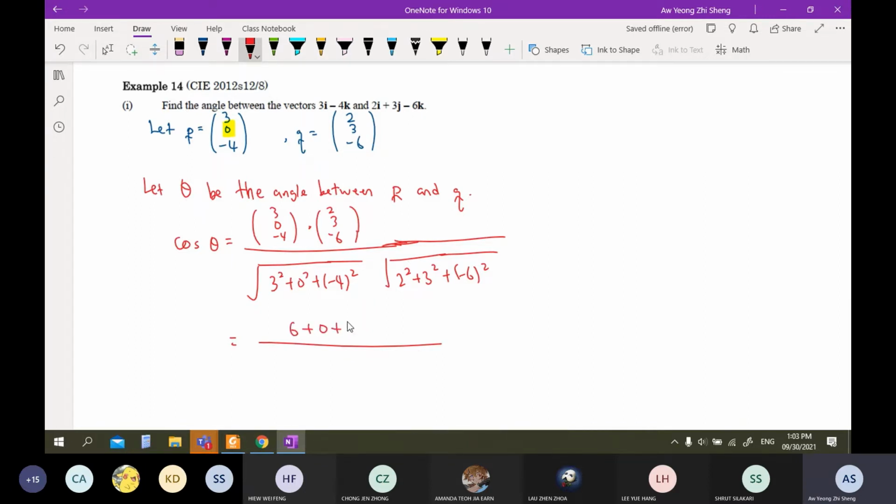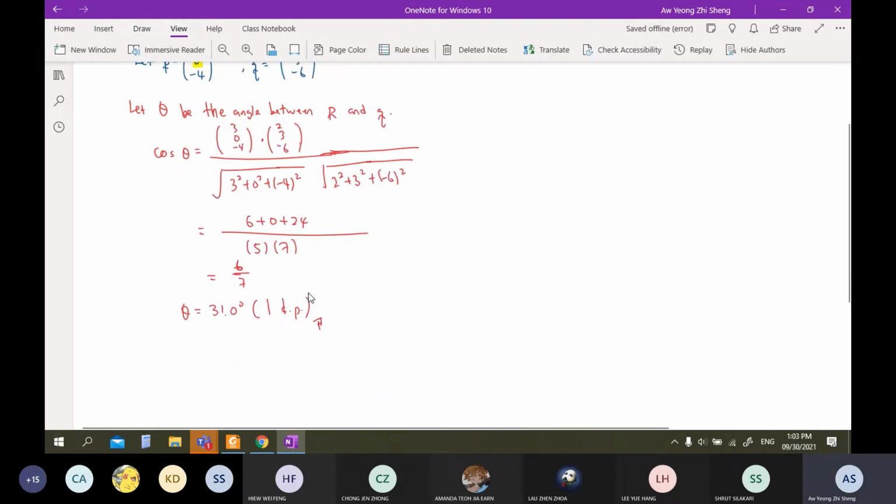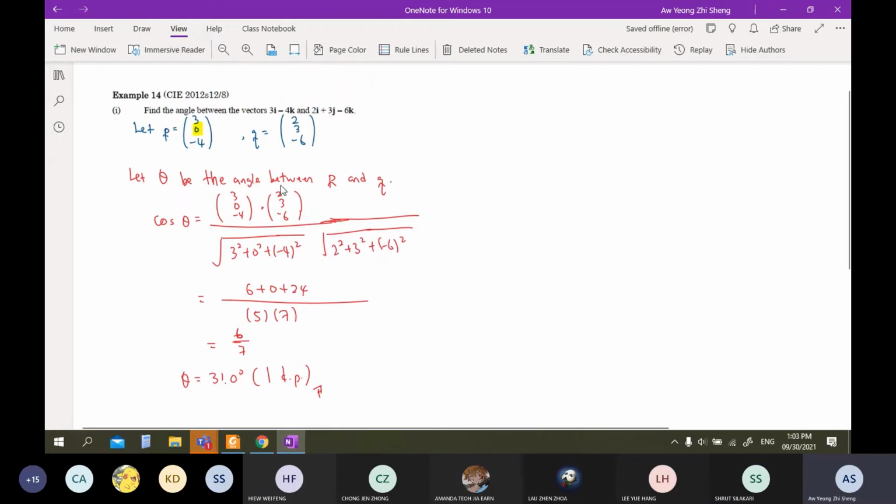You have 6 plus 0 plus 24. At the bottom, you have a nice number 5 here and also another nice number 7. That gives you 6 over 7 if you press a calculator. And then just press cos inverse of 6 over 7. That gives you theta as 31.0 degrees to 1 dp. And then we are done. Since we have defined theta to be the required angle, people will know what our theta means, and so it's good enough to leave it as a final answer like this.